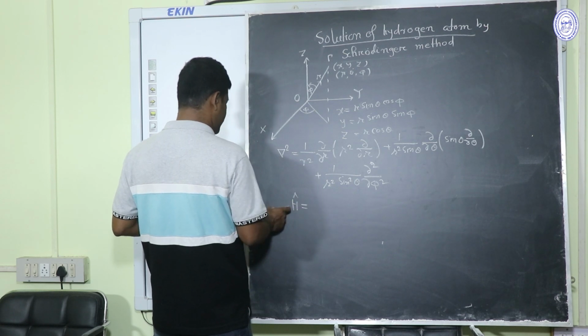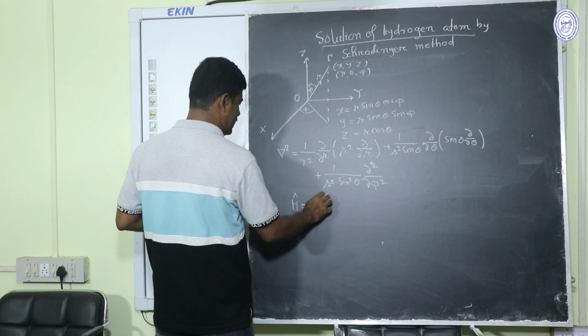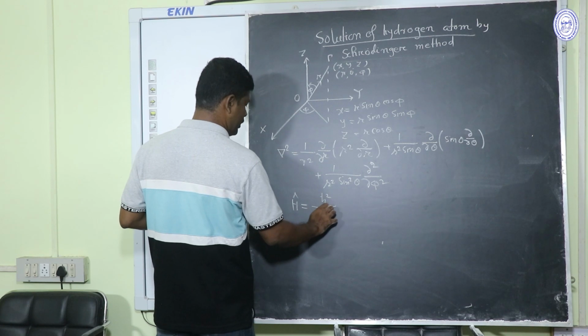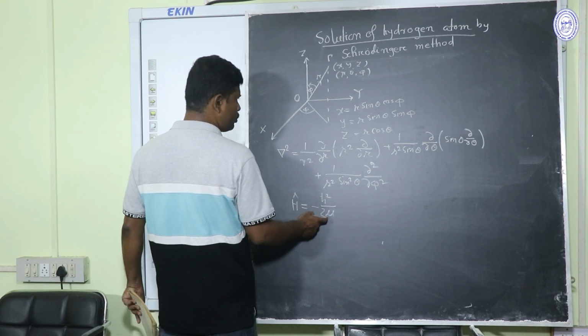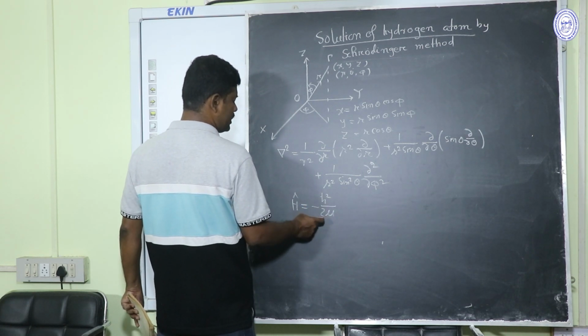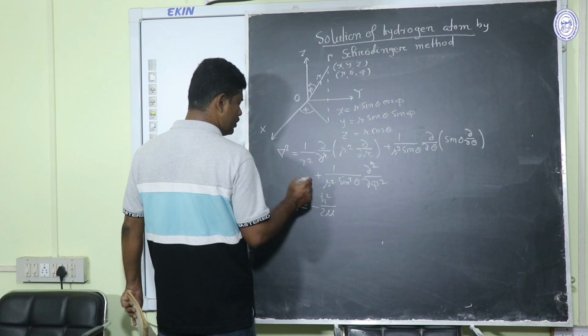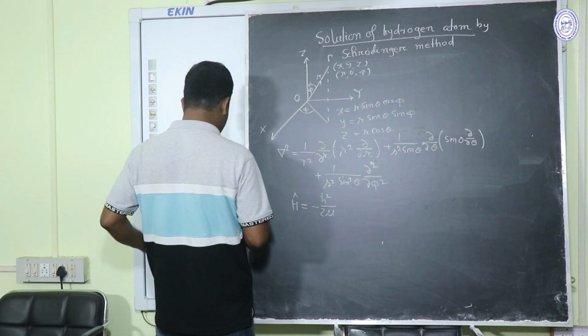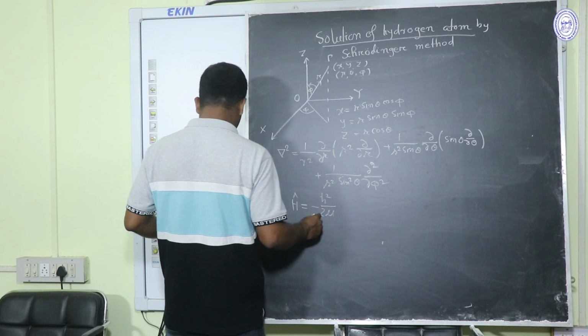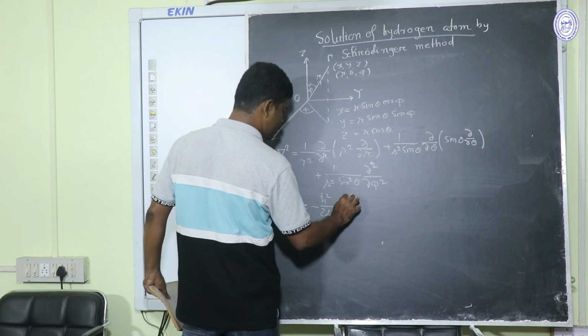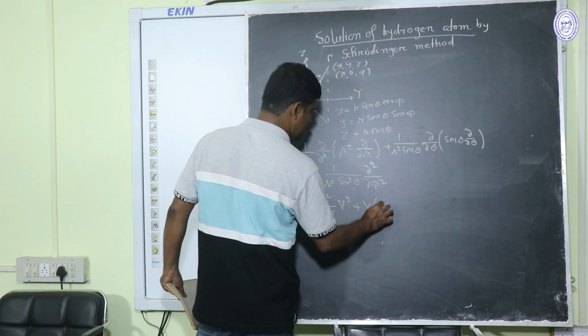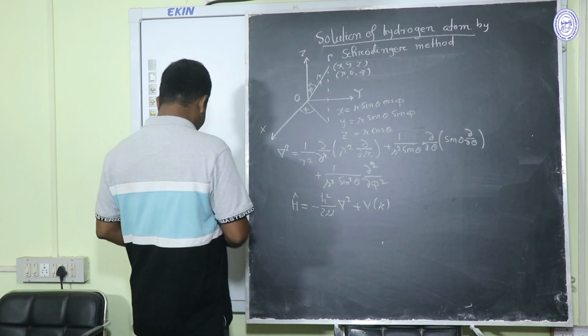The Hamiltonian operator for the electron is minus h bar square by 2 mu, where mu is the reduced mass of the two-particle system, but it is very nearly equal to the mass of the electron. Minus h bar square by 2 mu Laplacian operator plus potential V of r.